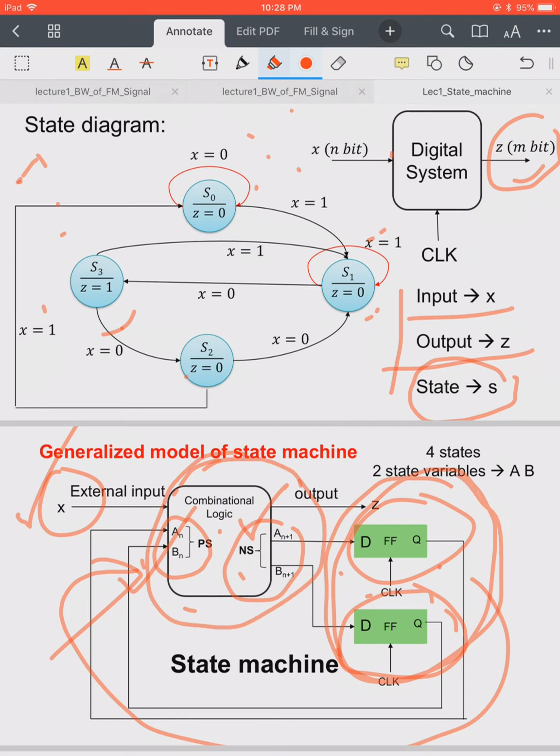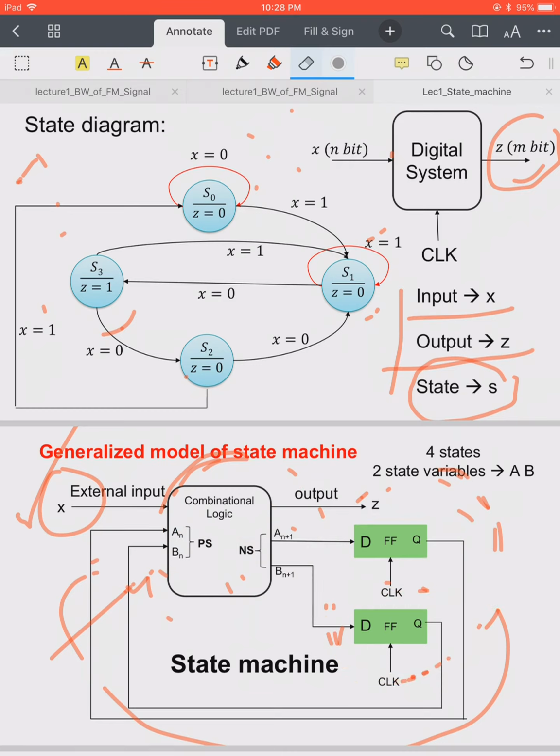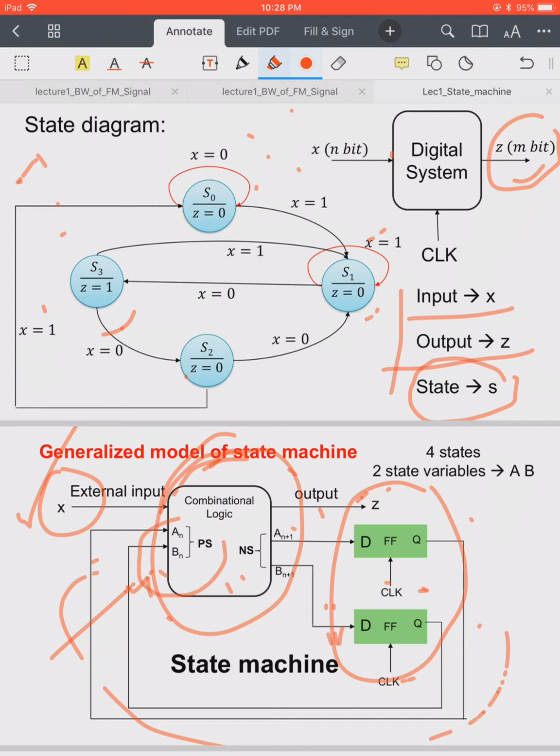Okay, so this state machine is a generalized model. It has two parts: one is the sequential part and the other is the combinational part. The combinational logic computes the next state using the external input and the present state of the system, and it also computes the output using the combinational logic.